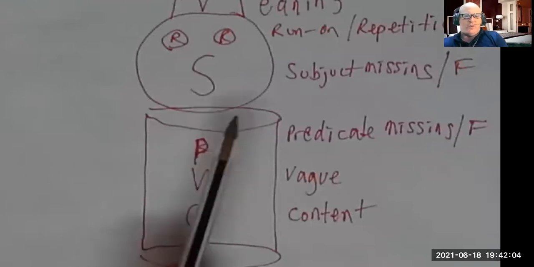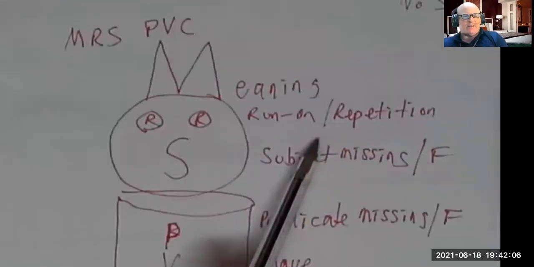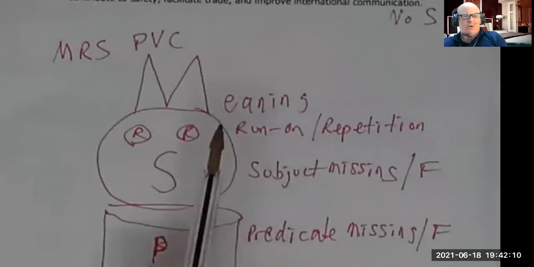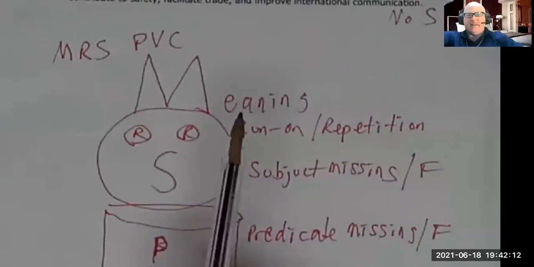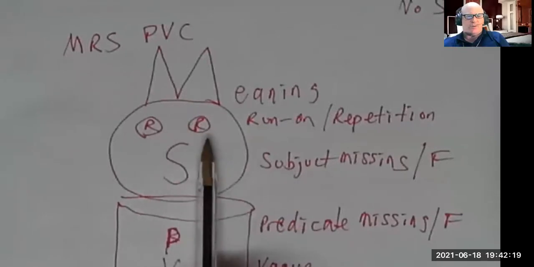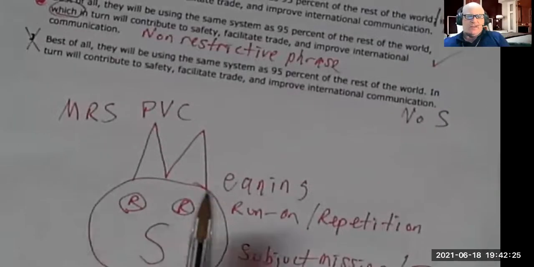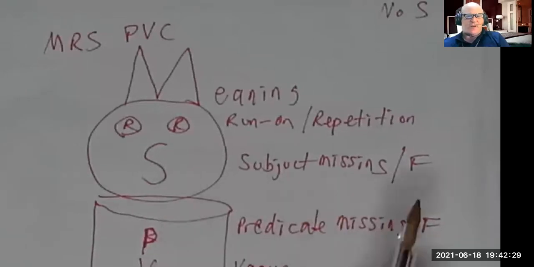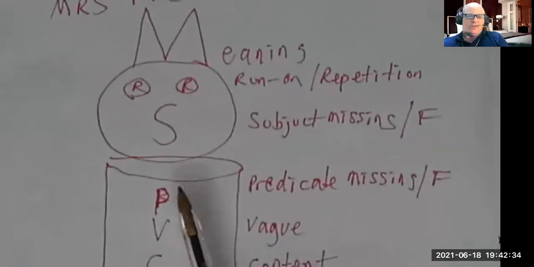So all of these letters stand for something. What we're going to do in both editing and revising is this: anything that changes the meaning that was intended, we're going to eliminate it. If we find a run-on or too much repetition, comparatively speaking to the other choices, we're going to eliminate it. If the subject S is missing, that's called a fragment, so we would eliminate that choice.